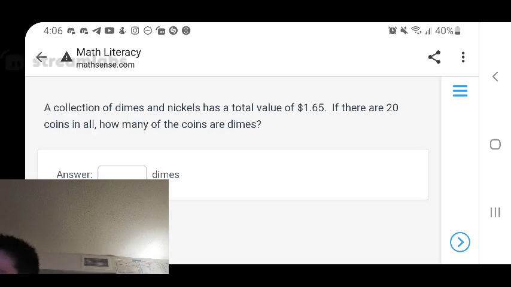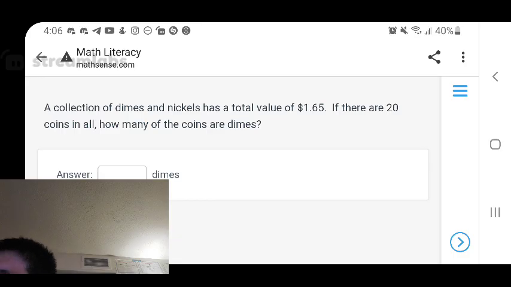Yeah, this is a system of equations also. We're trying to find D, that's 20 minus N. That's correct. There are 20 coins in total, so 20 minus the number of nickels is the number of dimes.